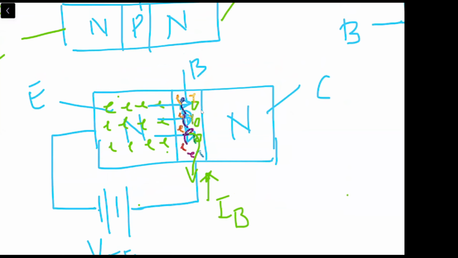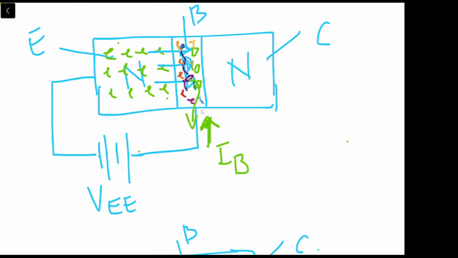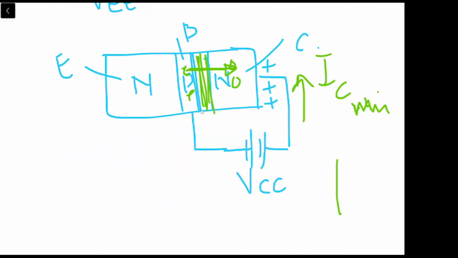So this means the conventional direction of the current is always opposite to the flow of electrons. Therefore, I have mentioned the direction of IB opposite to the flow of electrons. Similarly, if you see the flow due to the minority carriers, the minority carriers on the base side are electrons.